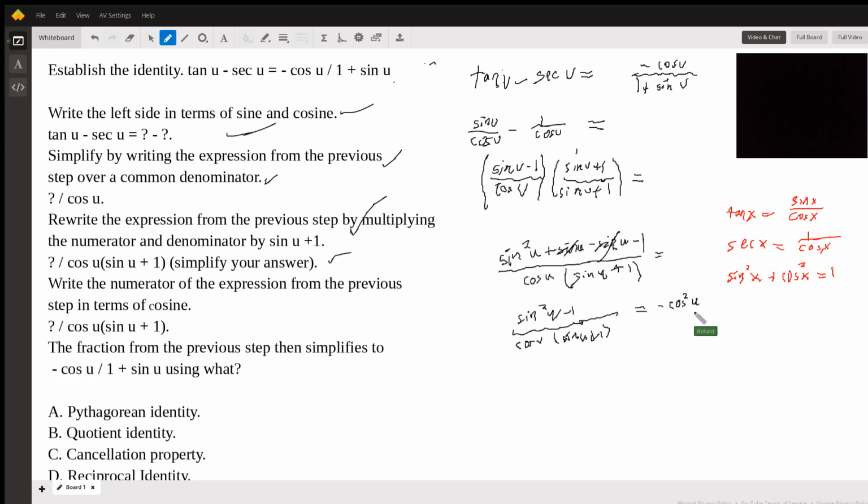So we have negative cosine squared over cosine u times, I'll write it now, 1 plus sine u. I'll just change the order there just to show you that we have a perfect match. And then there's just one last step where we're going to cancel. Cosine squared over cosine will cancel, and that's going to leave you with negative cosine u over 1 plus sine u.